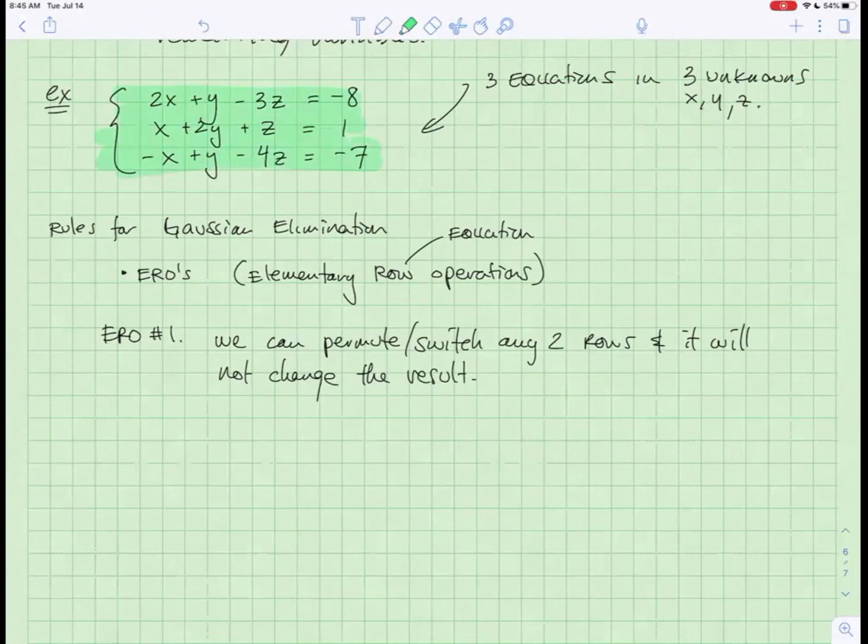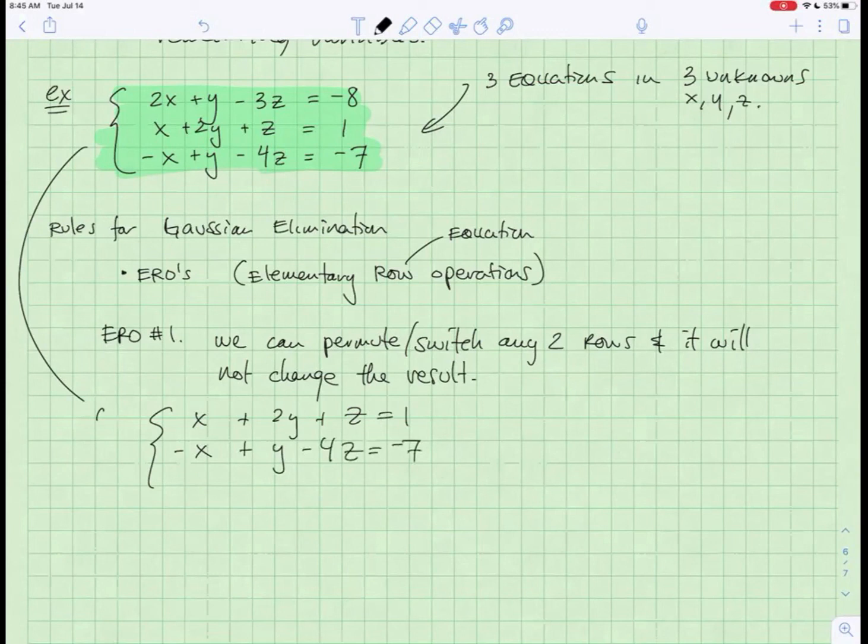So what I mean here is, when you look at this system of equations and you have 3 equations, equation 1 and equation 2 and equation 3, it doesn't matter what order they appear in. It doesn't matter that equation 1 was listed first or last. That is to say, x plus 2y plus z equals 1. Negative x plus y minus 4z equals negative 7.